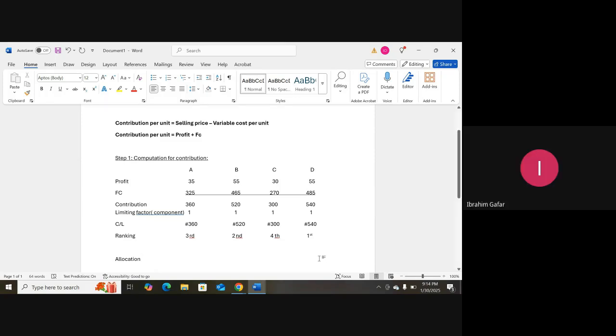So let's think of the allocation. We have product A already here, so I don't need to repeat the product. Then this is product B, product C, product D, and you are allocating it based on what? Based on their ranking. Are we good to go?